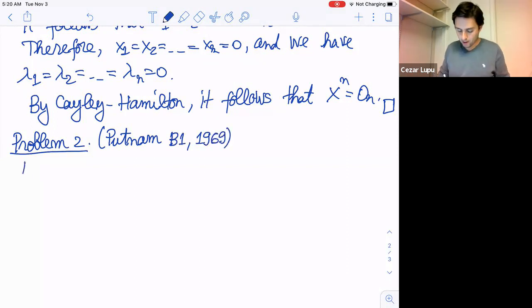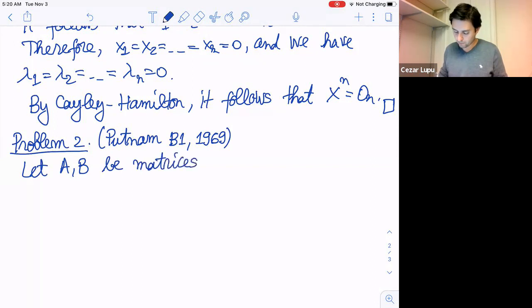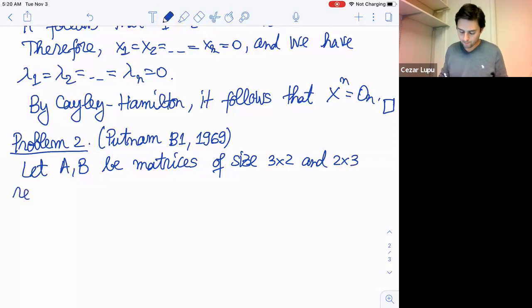Now let A and B be matrices of size 3 by 2 and 2 by 3, respectively.